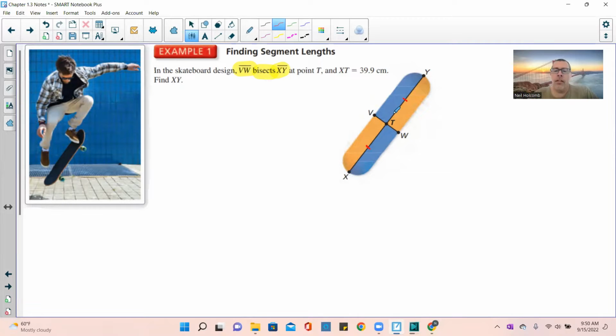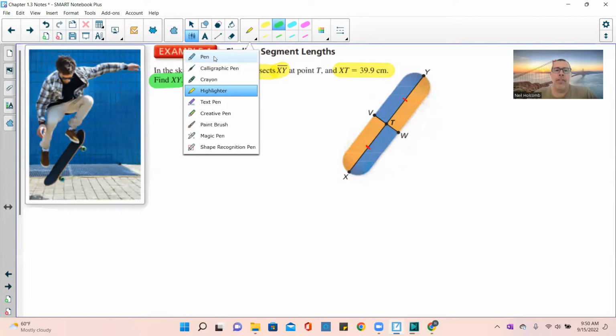That's the way we recognize something that's congruent, so therefore they have the same lengths. So XT and TY are congruent. And they told us that XT equals 39.9 centimeters. And the question is asking us to find the length of XY.